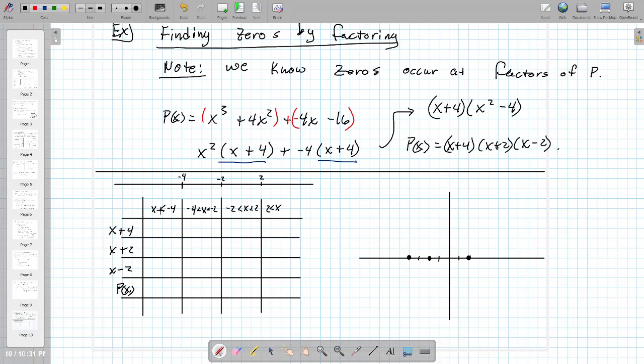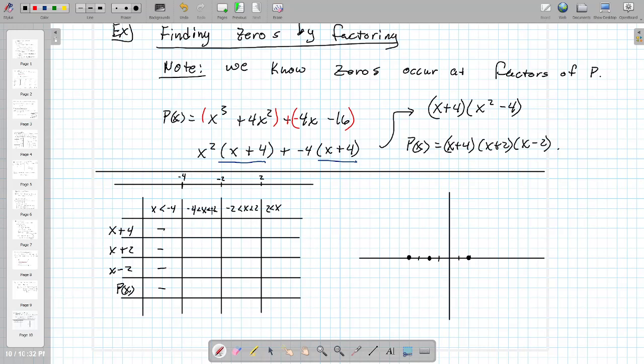If x is left of negative 4, then x plus 4 will be negative. We can use a test point. Let's use negative 1,000. Negative 1,000 plus 4 is negative. Negative 1,000 plus 2 is negative. Negative 1,000 minus 2 is negative. So a negative times a negative times a negative is negative. This means that p of x will be negative to the left of negative 4, because it's the product of 3 negatives.